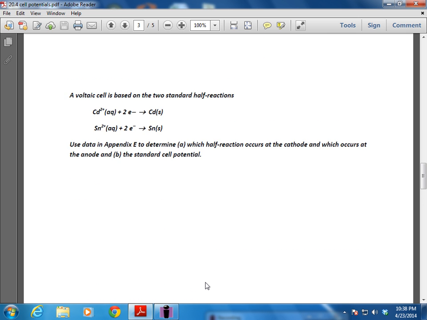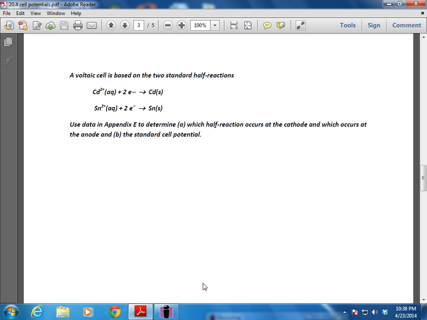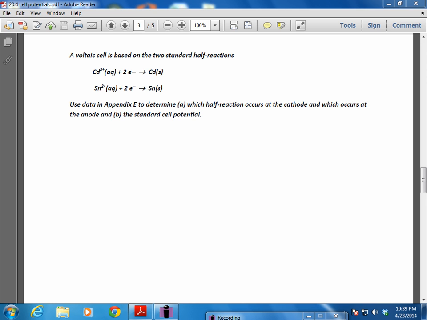So the voltaic cell, here's another example. If you're given the half reactions, you've got to try to figure out which one is going to be the anode and which one's the cathode, based on the standard reduction potential table. If we look at cadmium in this case, you have to use Appendix E because they're not all listed in Figure 20.1.